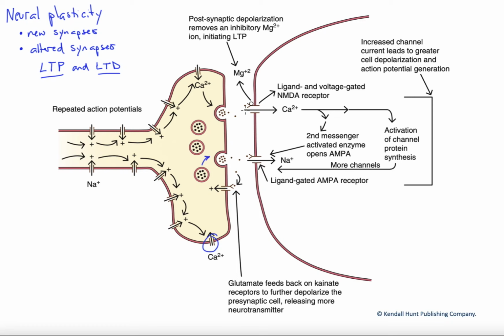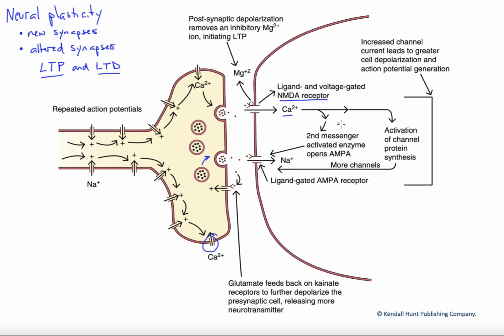Let's start at the top. The first important receptor type is this NMDA receptor. It's a very strange receptor because it's both ligand and voltage gated, so it actually requires multiple stimuli to open it. But having said that, once our neurotransmitter binds and these other elements occur, we're going to get calcium influx.